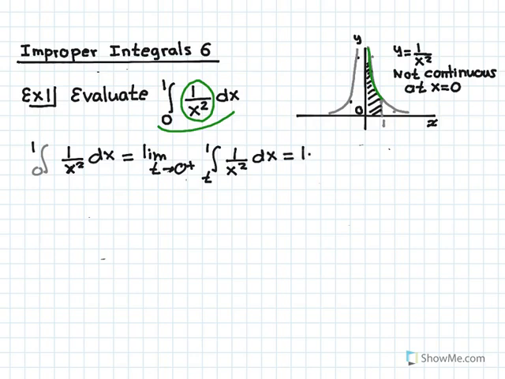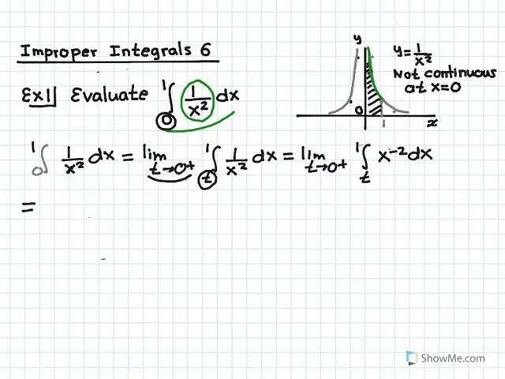Let's rewrite this: limit as t approaches 0 from the plus side, integral from t to 1, x to the minus 2 dx. Now I want to emphasize this. Notice that the discontinuity is at x equals 0. And we replace that discontinuity by t, then take the limit as t approaches 0 from the plus side. Okay, let's do the integration.